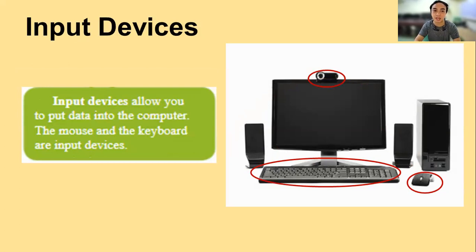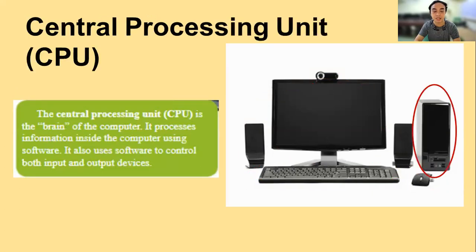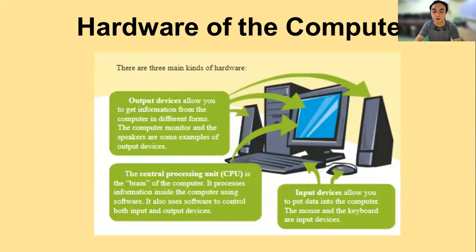Input devices, inputting data. Then the central processing unit or CPU, it can be found inside the system unit. It is the brain of the computer. So those are the hardware.